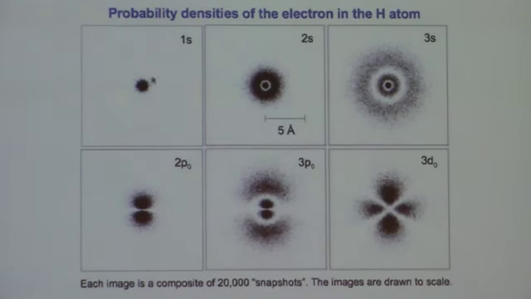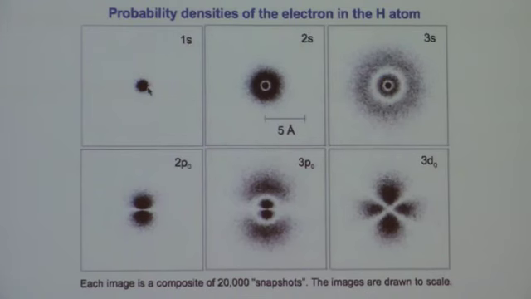Every measurement where the electron is in a hydrogen atom in the 1s state produces this small dot, right? And they needed many, like 20,000 snapshots. That's what is written here, right? So they did 20,000 snapshots on completely identical systems, and every time they were getting a different result because, well, the position of the electron is uncertain, right?